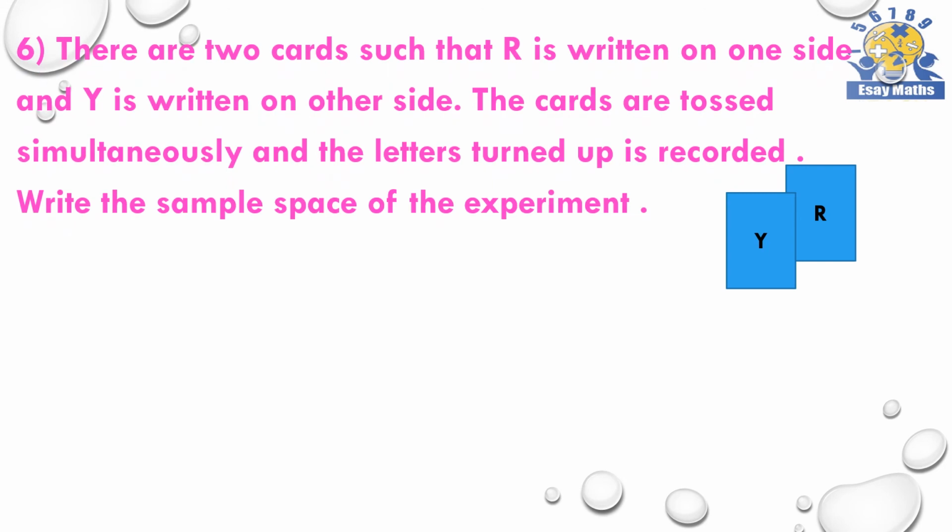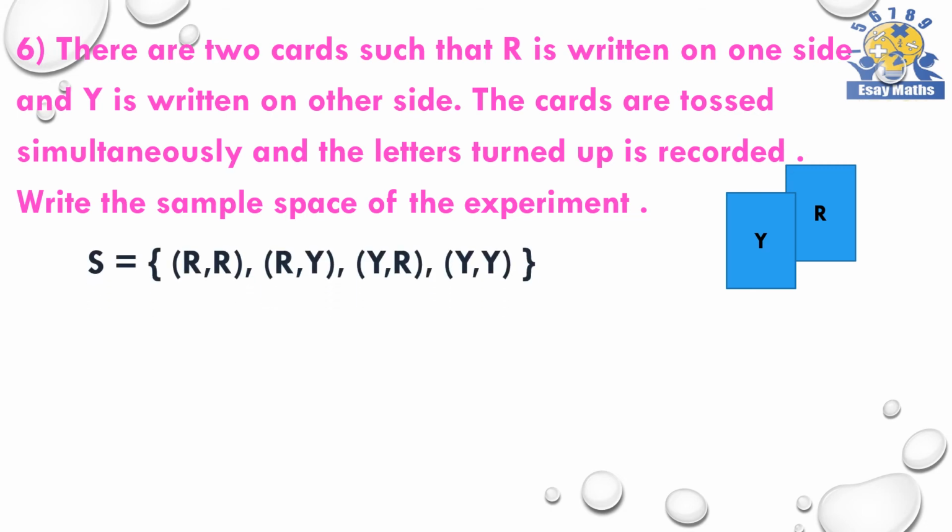Last example, there are 2 cards such that capital R is written on one side and capital Y is written on the other side. The cards are tossed simultaneously and the letters turned up are recorded. Write the sample space of the experiment. Here two cards are tossed simultaneously, so what are the possible outcomes?